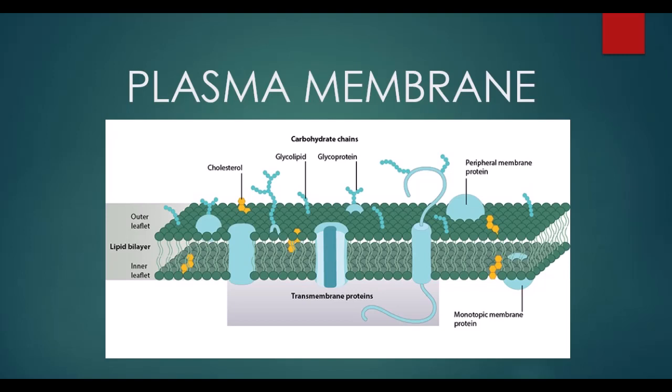Third is that cholesterol acts as a buffer that helps keep membrane fluidity from getting too high or too low at high and low temperatures. I hope this video would be helpful for you all to understand the different components of the plasma membrane.